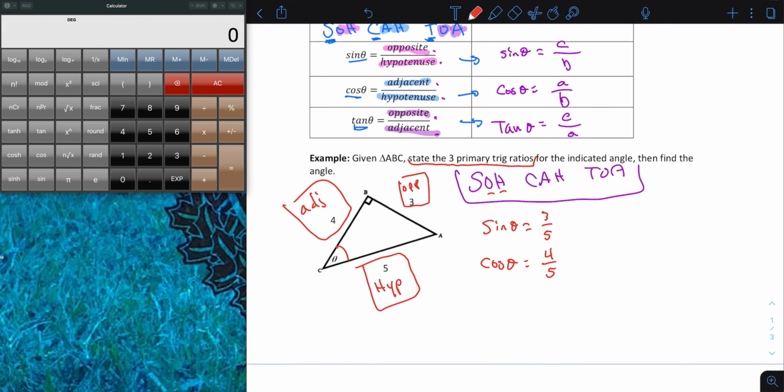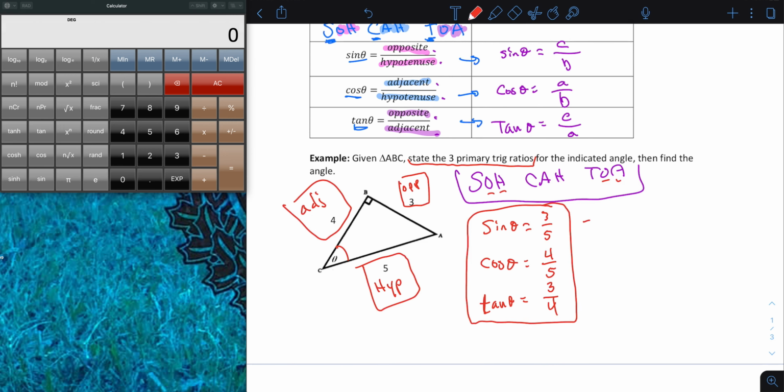And tangent is opposite over adjacent. That's what it's telling me, right? So opposite is 3 over adjacent is 4. Those are your 3 primary trig ratios.